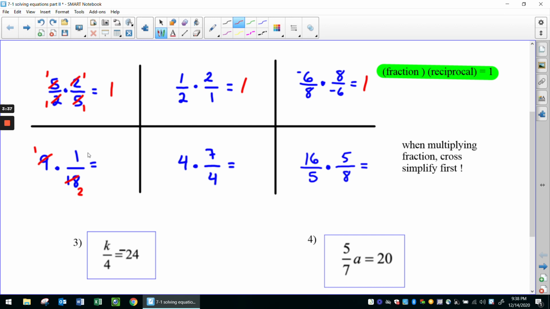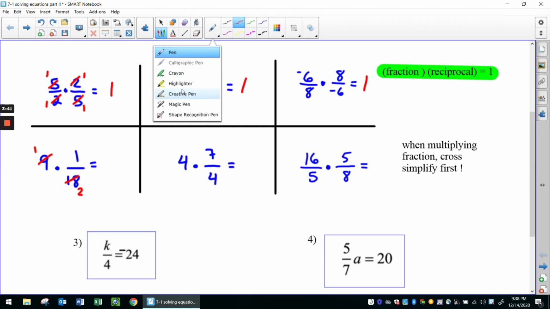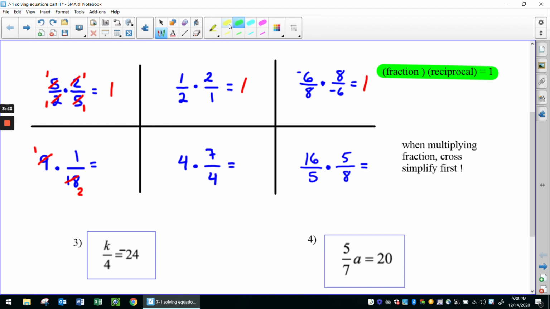So you are actually left with 1 over 2. This 1 over here, you could consider it's just 1 times 1, right, over 2. So the final answer here would be 1/2.